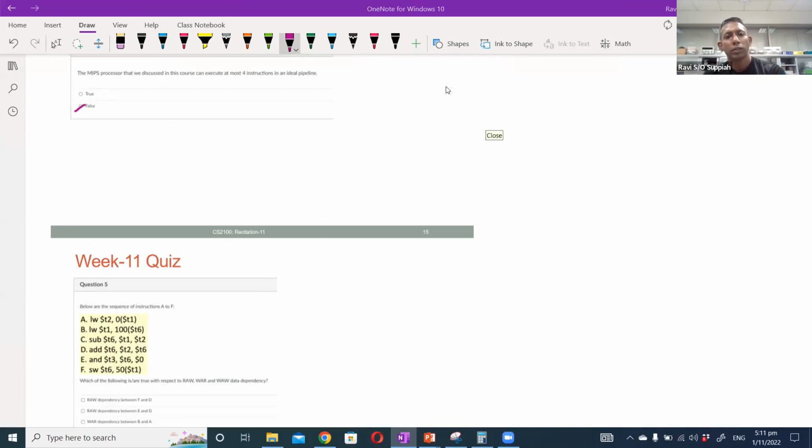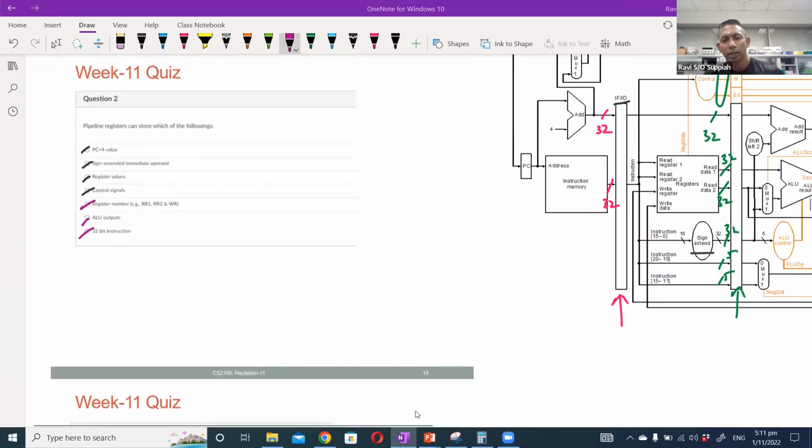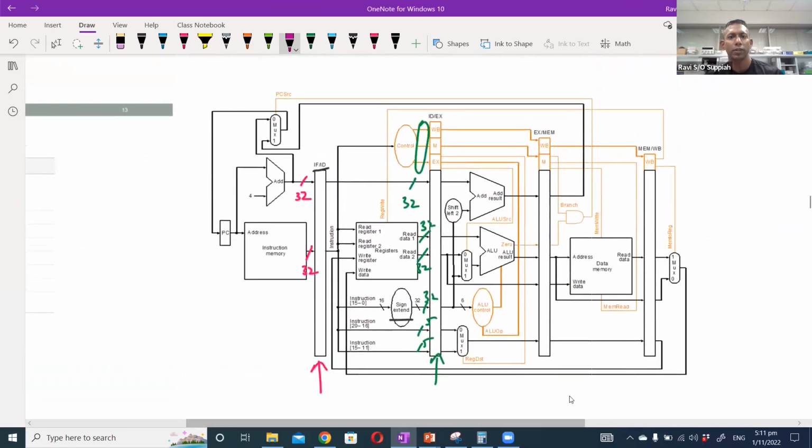So the question is, is it possible for a pipeline register to only require non-multiple-of-32 bits? Yes, you store information that is not necessarily 32 bits, but again, I would say this is dependent on the application or the hardware design.